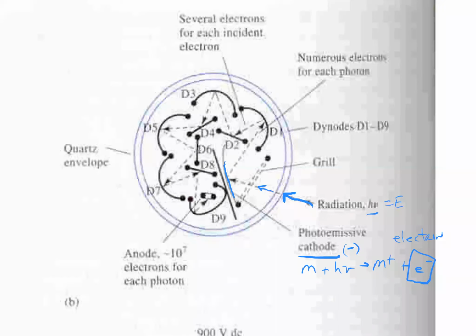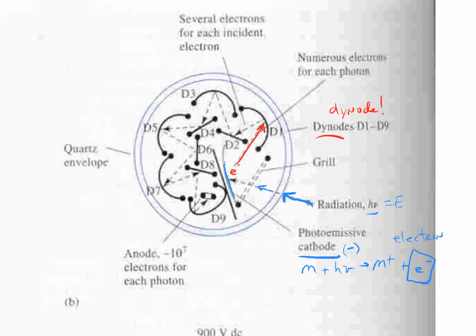Now, in the phototube, we collected those electrons, making a current. Nothing wrong with that, but maybe we could do something a little bit more innovative. What's that? Well, let's say an electron is produced. Now, in the phototube, I simply collect it, but I'm not going to do that here. Instead, I'm going to accelerate that electron towards another electrode, which is called a dynode. And this is the difference between a photomultiplier tube and the regular old phototube.